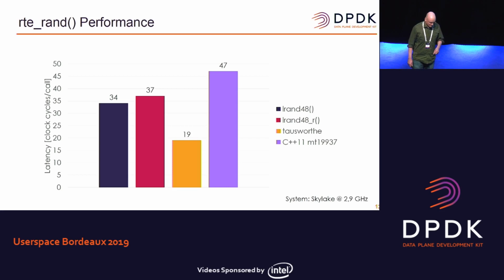And then we have the native Tausworthe generator at 19 cycles. And just for comparison, this is not really a fair comparison because the C++ framework is much more elaborate. I also took what seemed to be the default generator in C++11. So we're beating C++, but it's not really on equal terms.